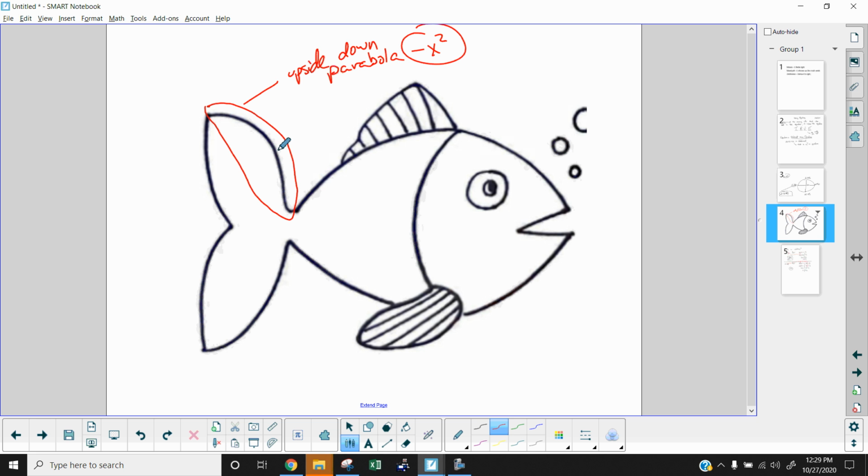Then you could look here at the arch of the fish and think maybe that's a good square root x graph. Or potentially you could say the whole top of this fish, all the way around and not stopping here, might be an ellipse.